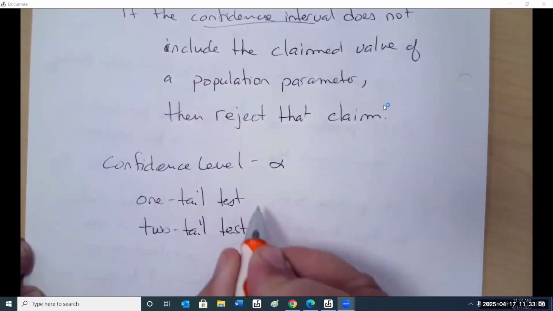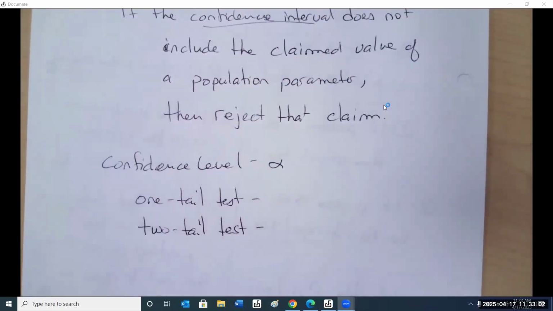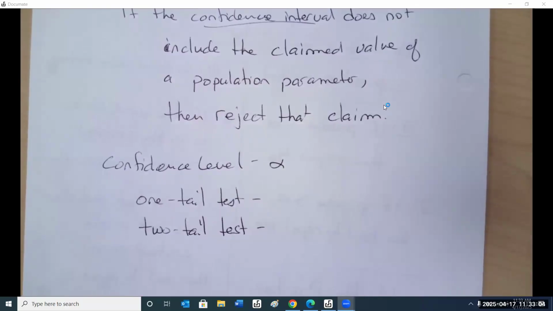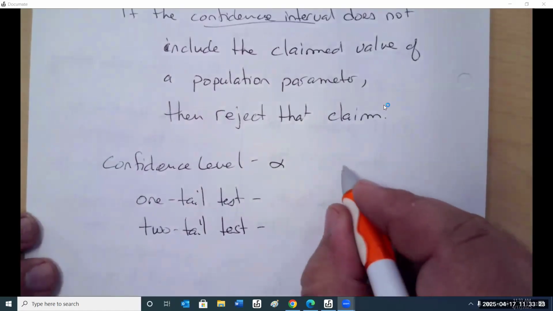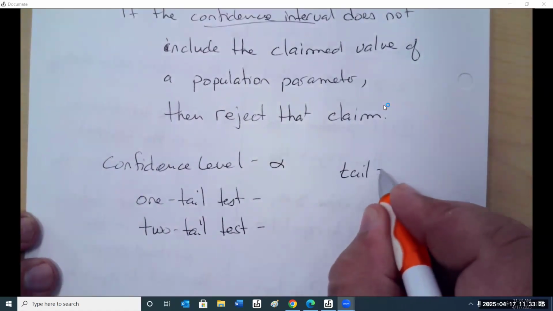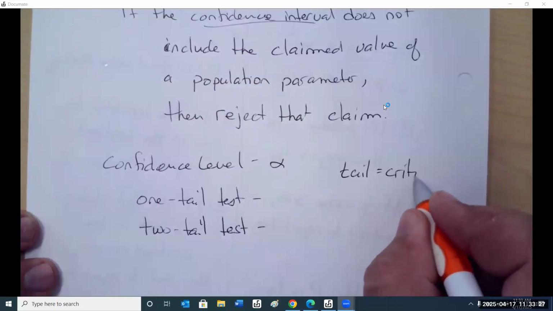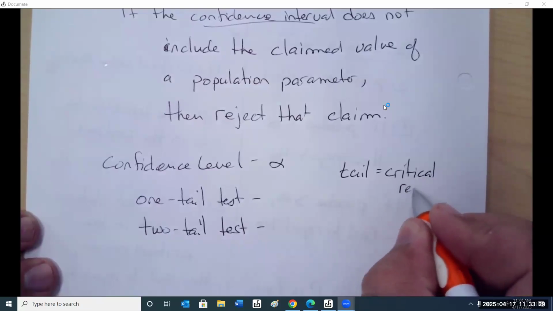What is a tail? When we say one tail, two tail, what does that mean? What is it referring to? Of what? And what's that area called? Yes. A tail is your critical region.